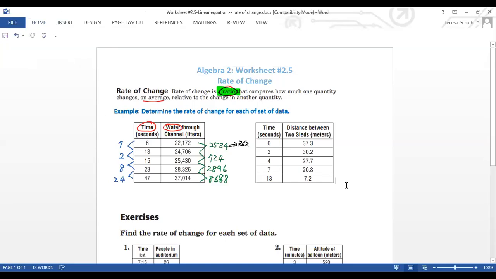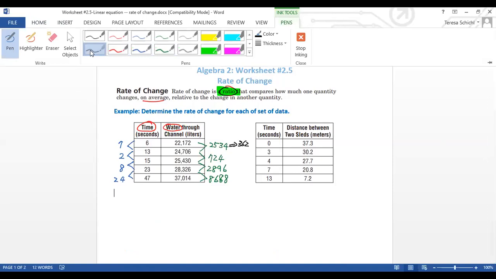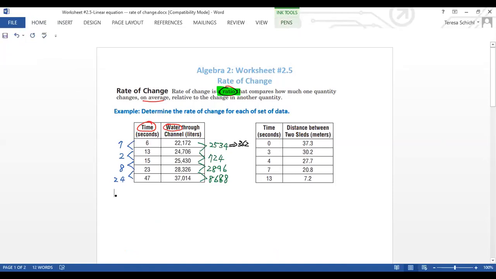Let me give a little bit more space here. So the first ratio will be 2534 divided by 7, so you get 362, because this change corresponds to the 7.